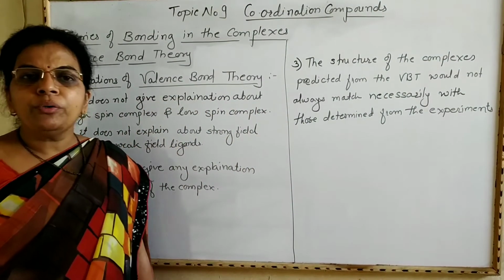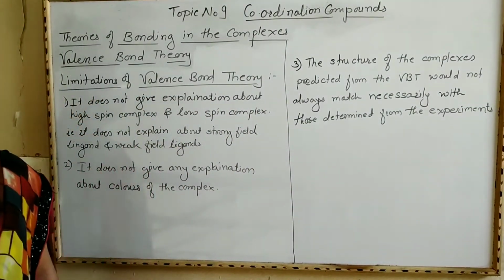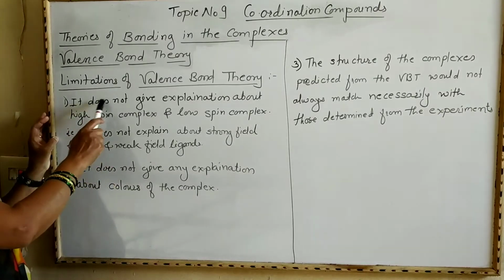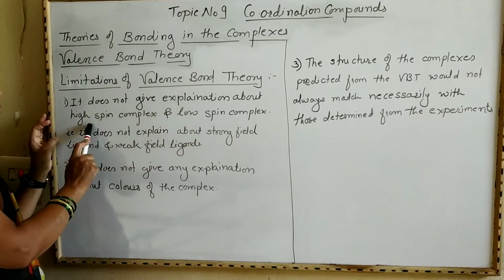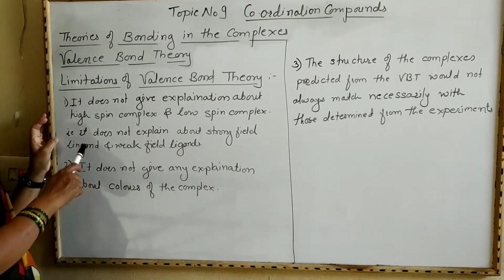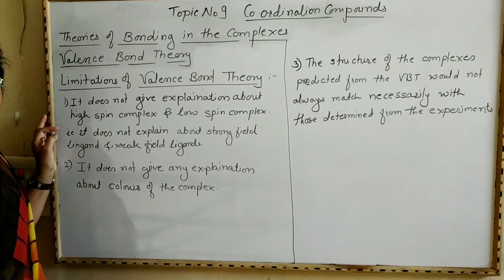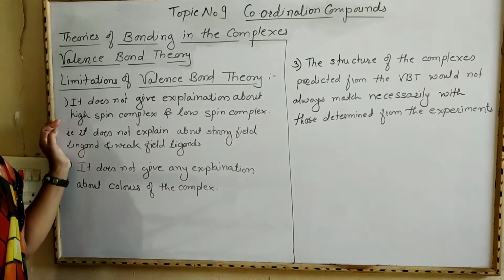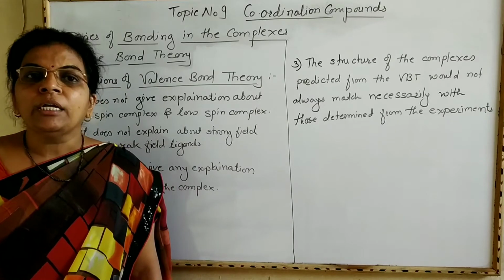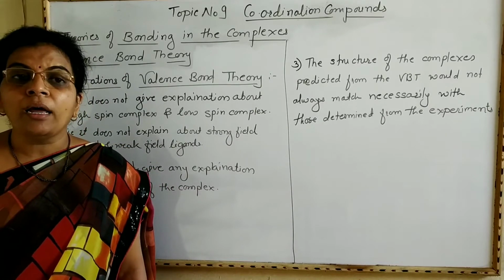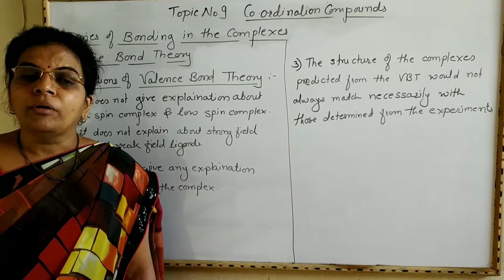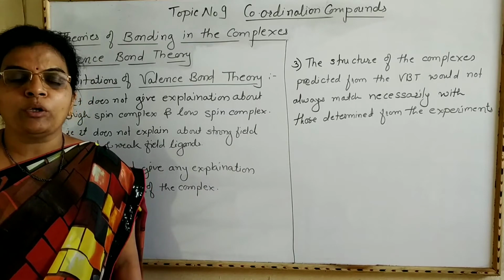Next we are going to see limitations of valence bond theory, in which the first limitation is that it does not give an explanation about high spin complex and low spin complex, or in other words it does not give explanation about strong field ligand and weak field ligand. In case of octahedral complexes we have seen that some complexes are high spin complexes and some are low spin complexes.